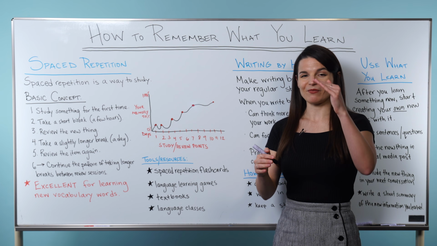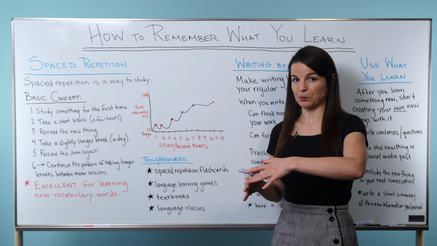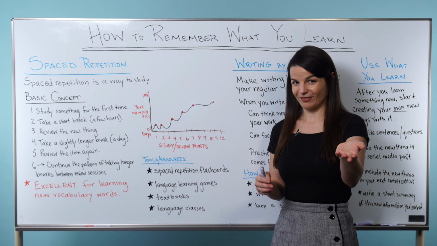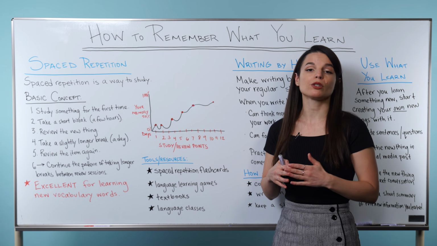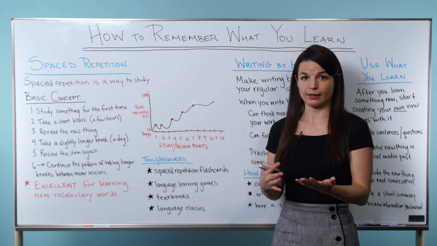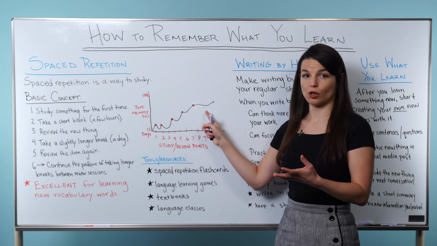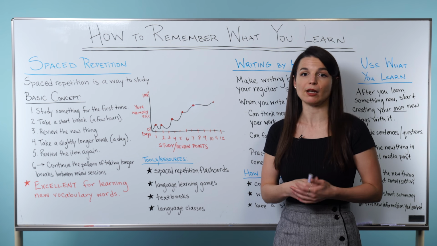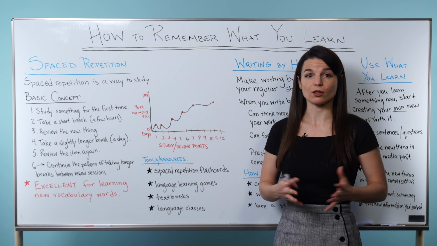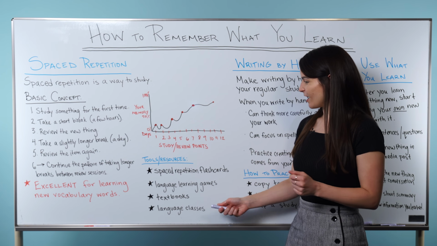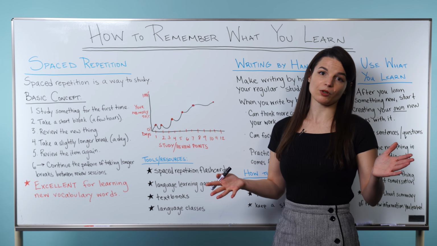We don't review something every single day in a textbook, but if you have the self-discipline and the motivation, you can use your textbook on a daily basis as something that you can review as well. You open your textbook and spend a few minutes reviewing what you learned the previous day or the previous week, for example.